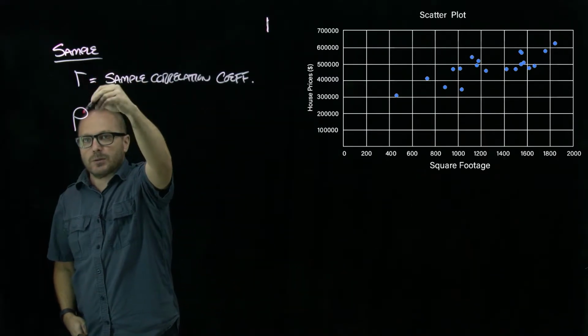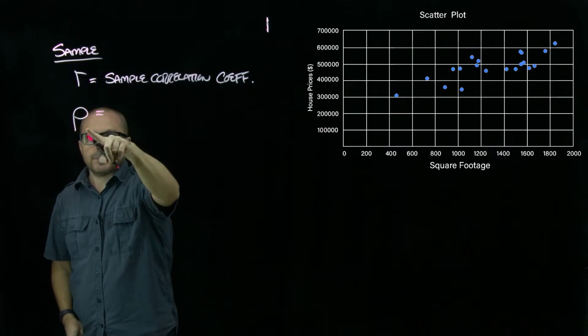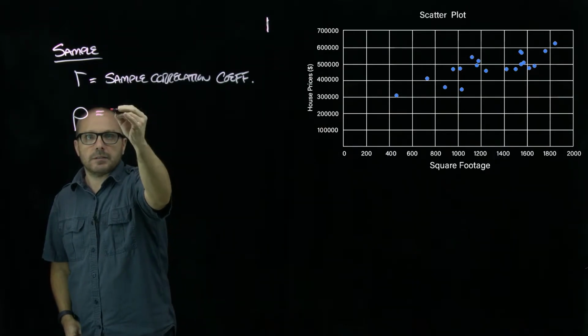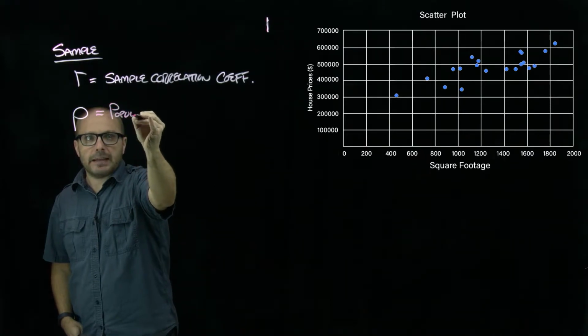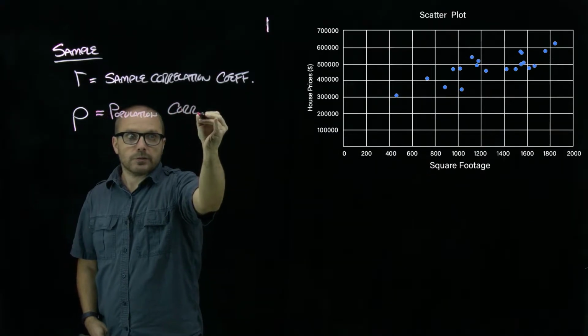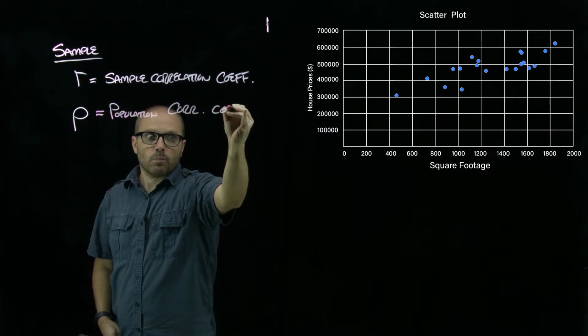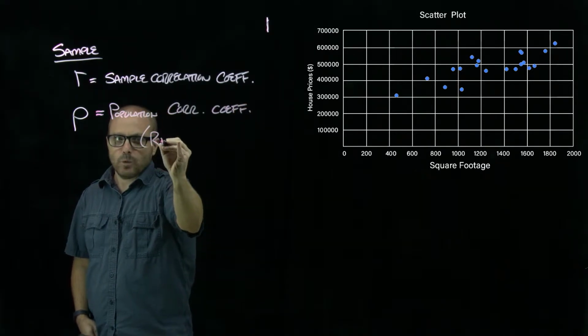The matching sort of Greek to Latin there. So this is our theoretical population correlation coefficient. That's a rho.